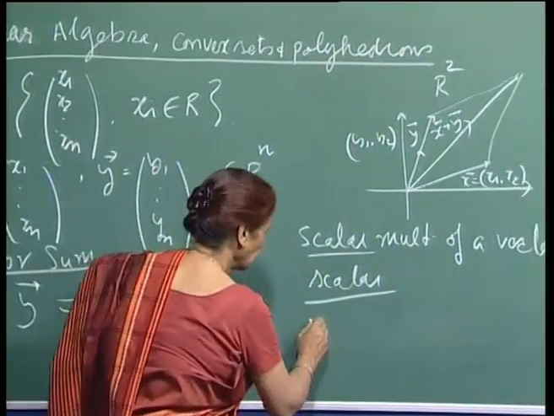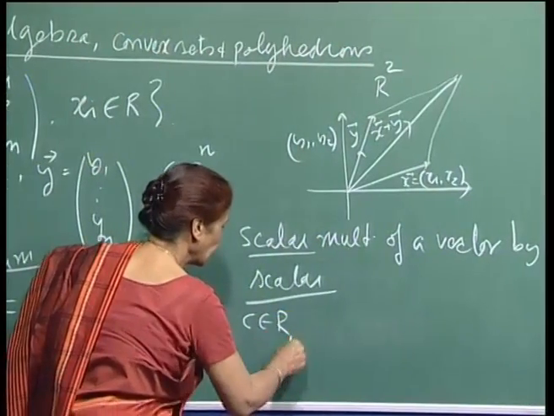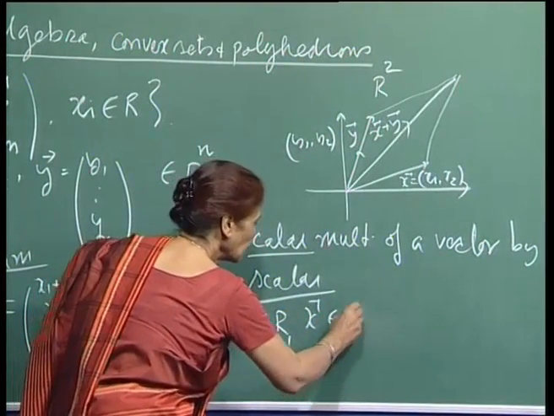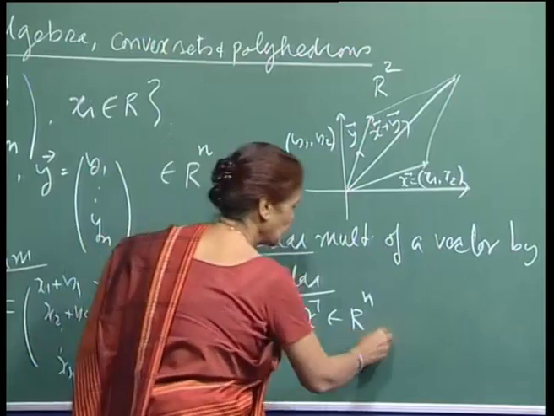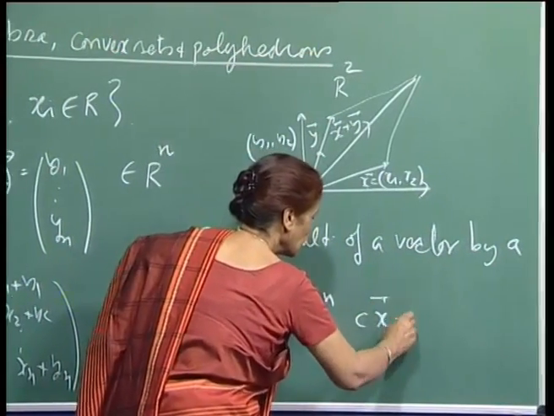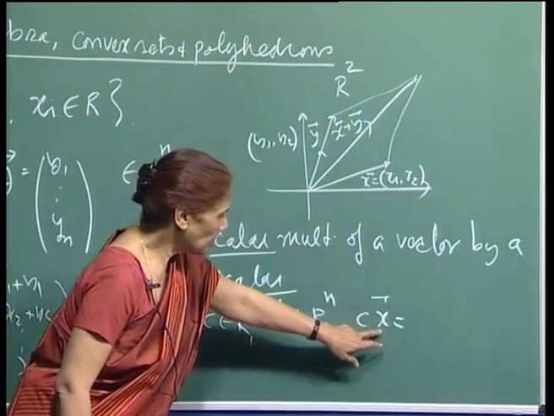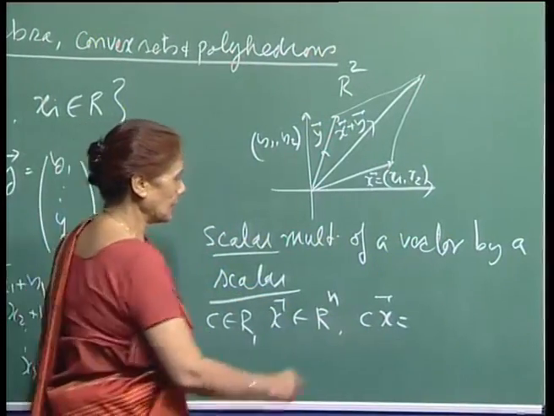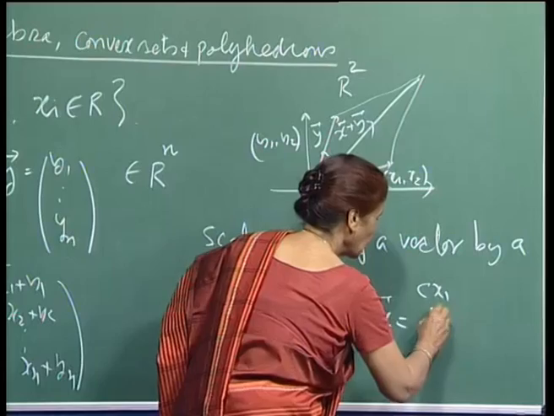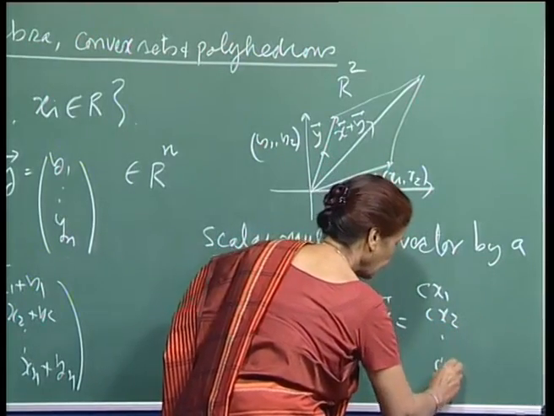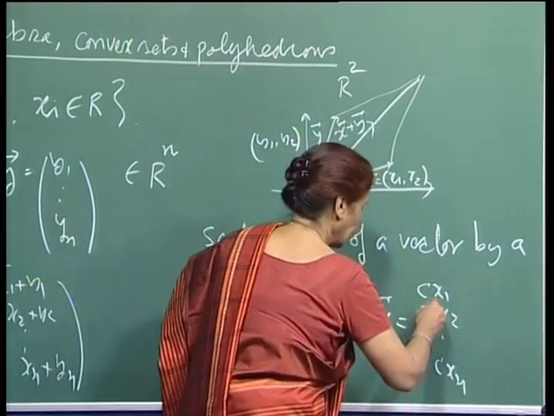So, for C belonging to R and x belonging to Rn, Cx is another vector in which all the components get multiplied by C. That means this will be Cx1, Cx2, ..., Cxn.